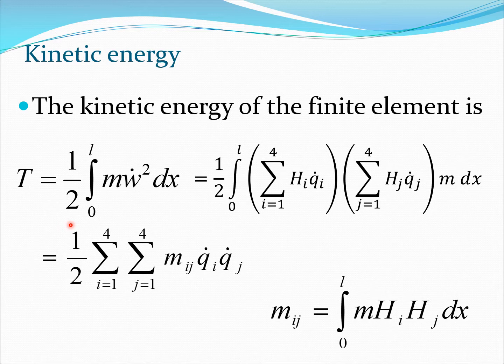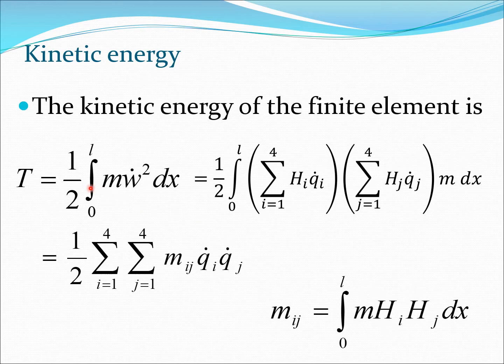So to discretize this, remember that I have expressed w in terms of H and q. So in our last lecture we showed that w is the sum over i from 1 to 4 of Hi qi, and therefore to get the dot value or the derivative I simply differentiate that and the dot comes on the q because H is a function of x.